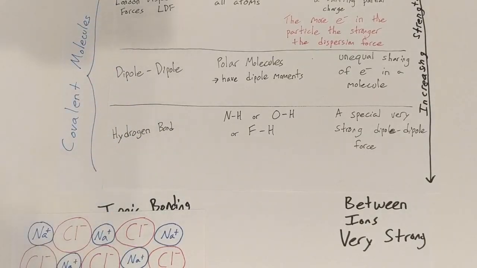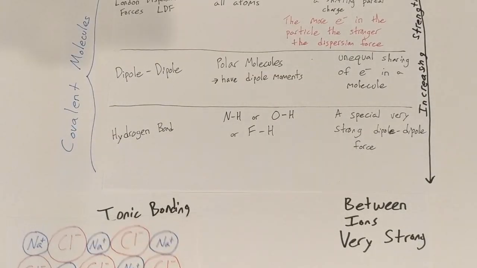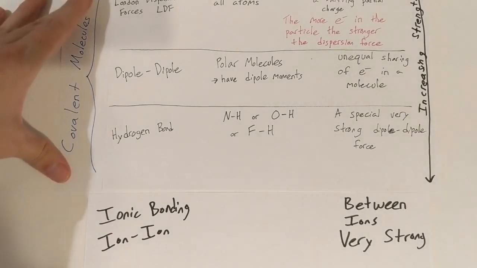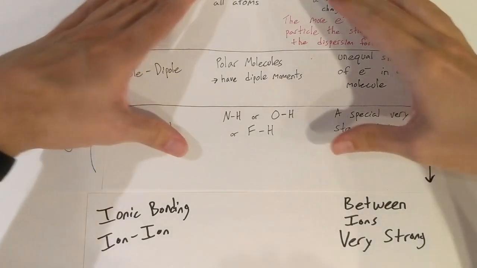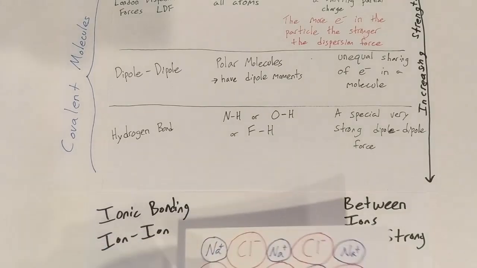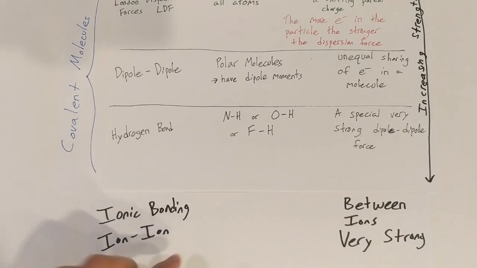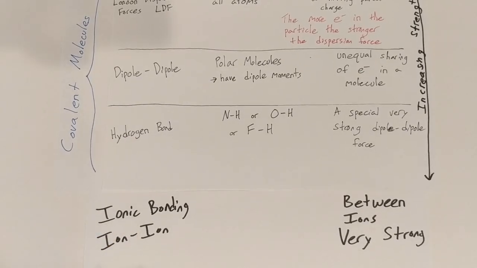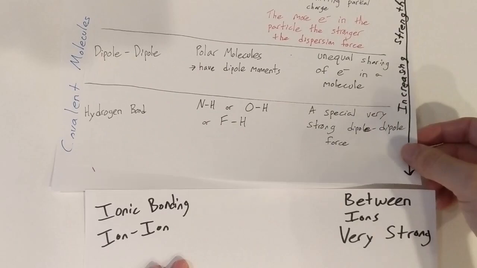Because with our covalent molecules, our intermolecular forces are significantly weaker than our whole charges in our ionic bonding, that influences the melting point of a lot of our compounds that we see. So we're going to see a trend here.